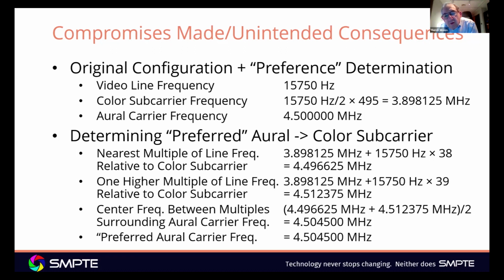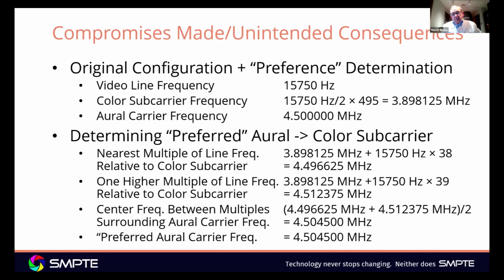So what that meant was if you really wanted to put the aural carrier in the proper position between the energy packets from the color system, you needed to move the aural carrier up by about 4.5 kilohertz, or as they would say in those days, kilocycles.